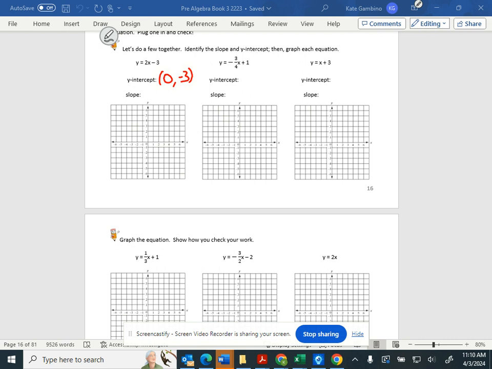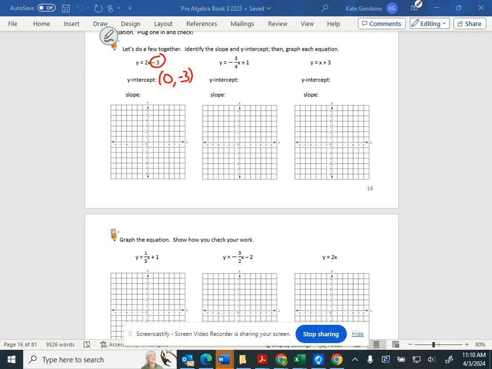So you have to write it as an ordered pair, so we know how to graph it. So when James said 3, he forgot that it was minus 3, and that minus makes it a negative. And when we write the y-intercept, we write it as the ordered pair: 0 for the x, negative 3 for the y.